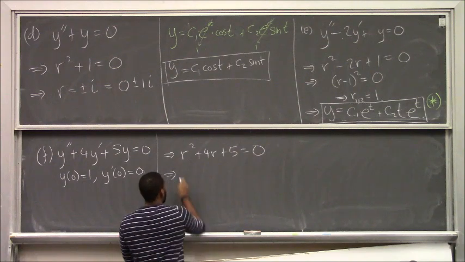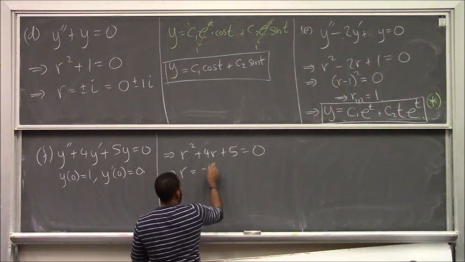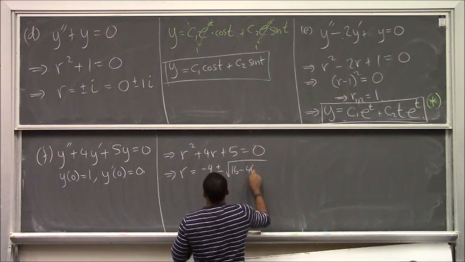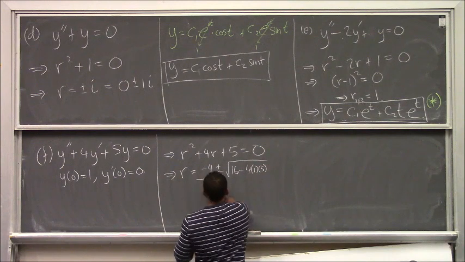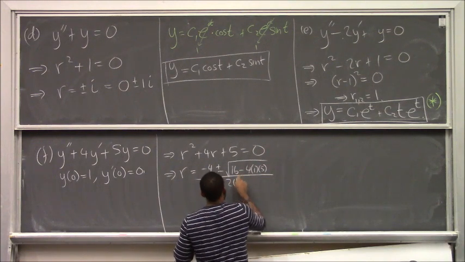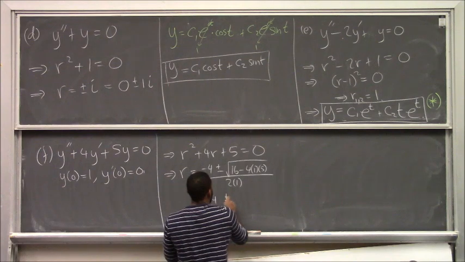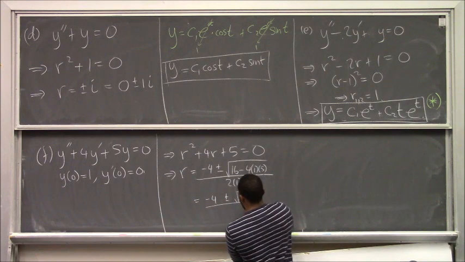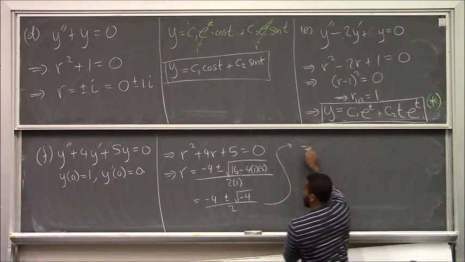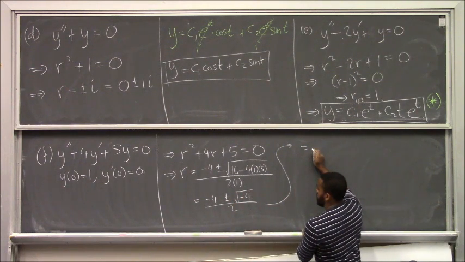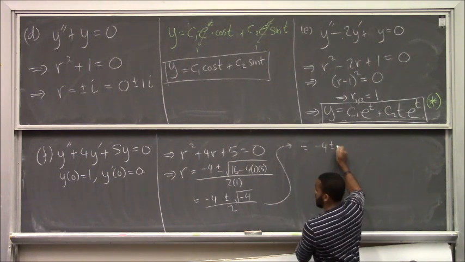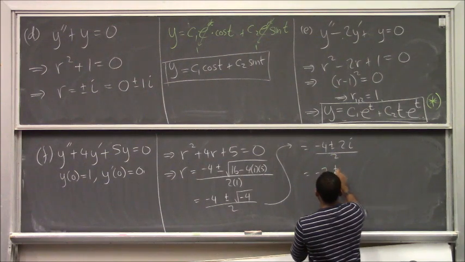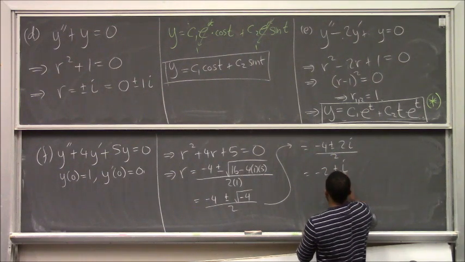No. So probably we're going to use minus b plus or minus the square root of b squared minus 4ac, all over 2a. That's minus 4 plus or minus, this is going to be 16 minus 20, the radical of minus 4, all over 2. So that's minus 4 plus or minus 2i all over 2. So that's minus 2 plus or minus i.